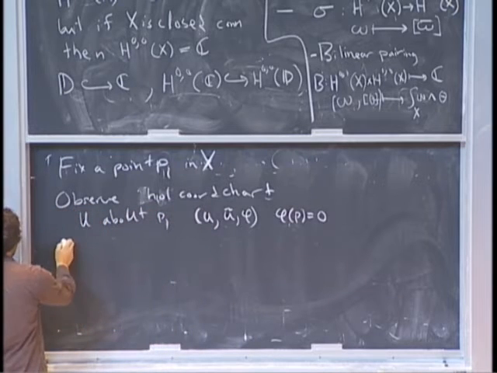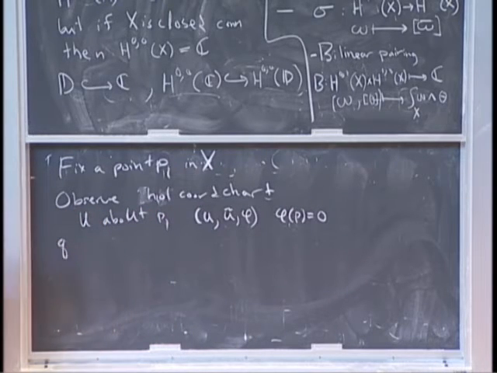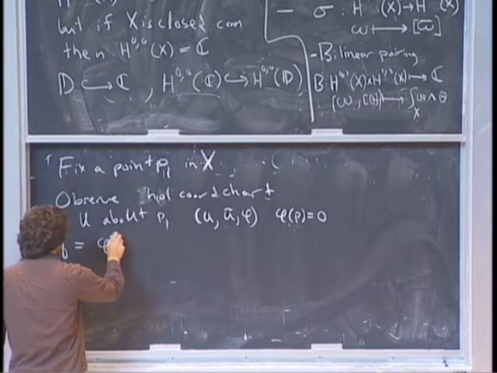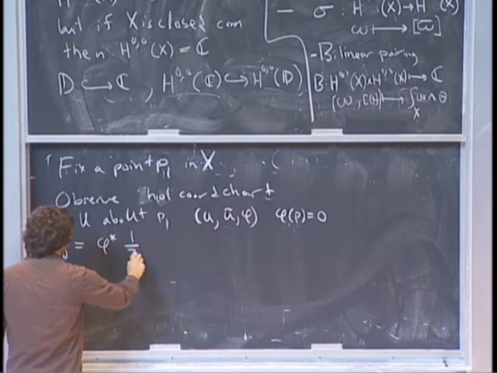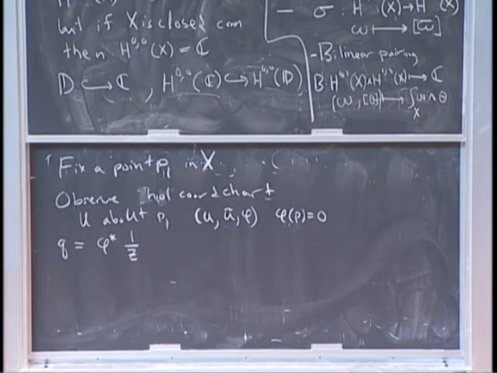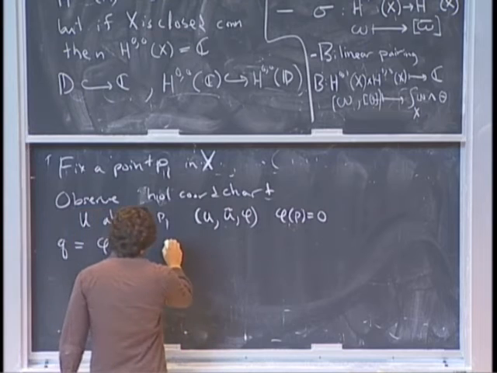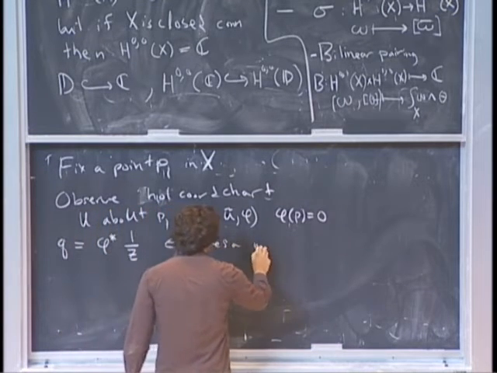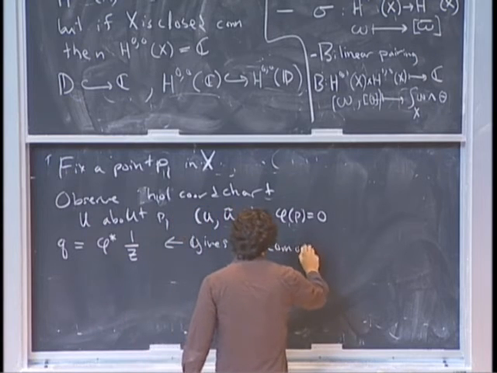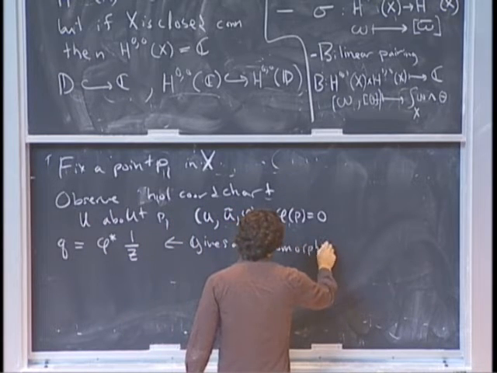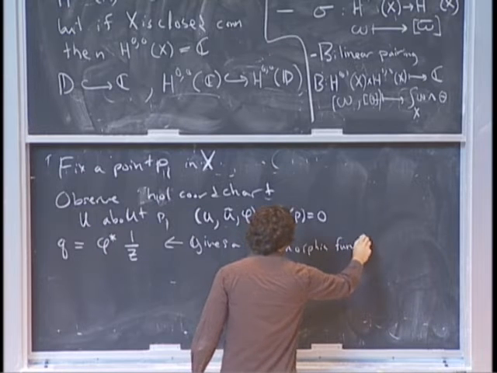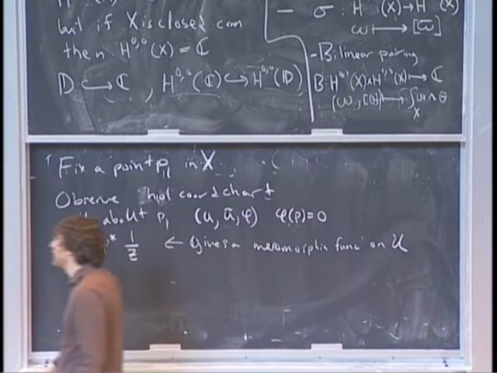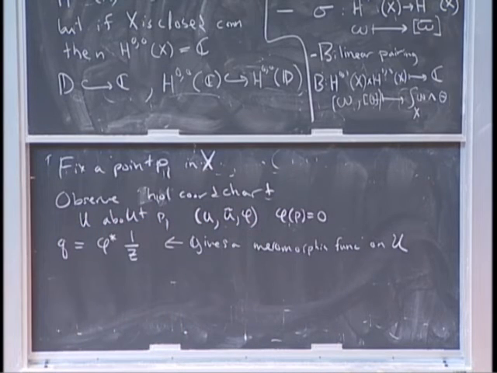Then we can define a meromorphic function, at least in the neighborhood of P1, by just saying Q is equal to phi pull back 1 over z. So this gives a meromorphic function on U. The question is, how could we extend it to X?